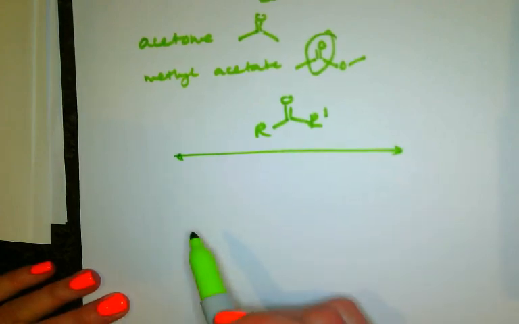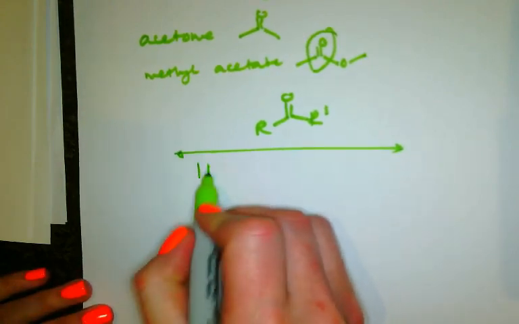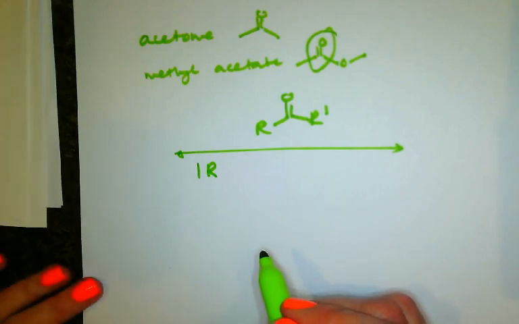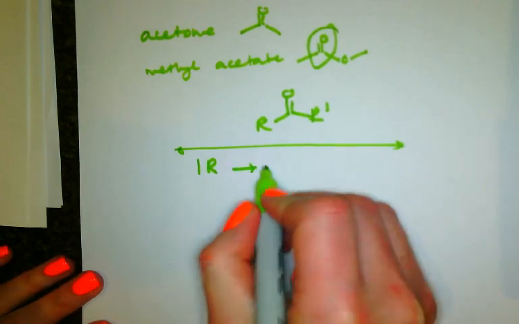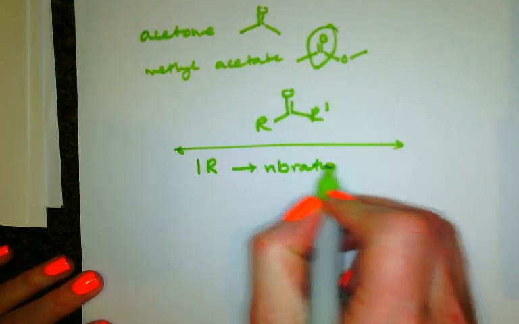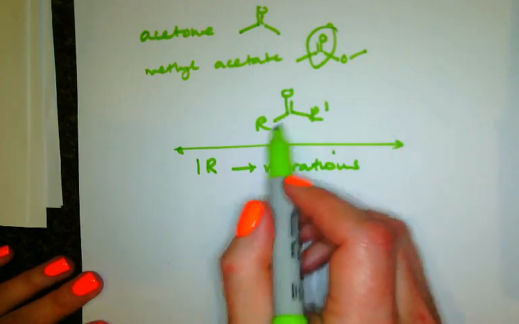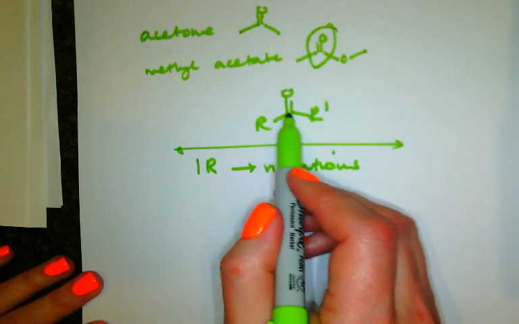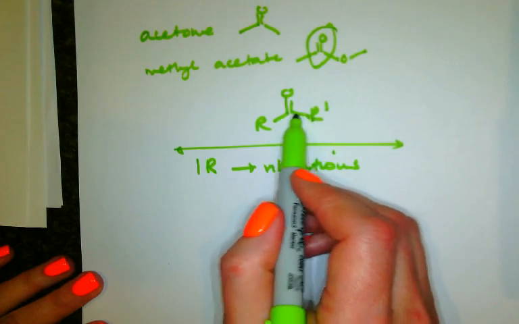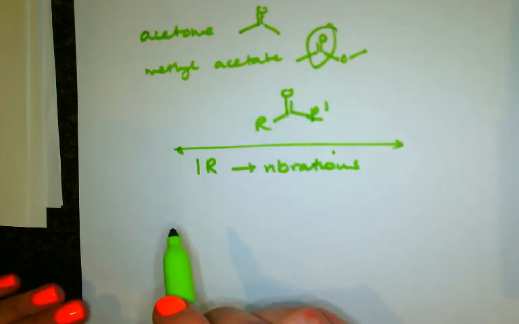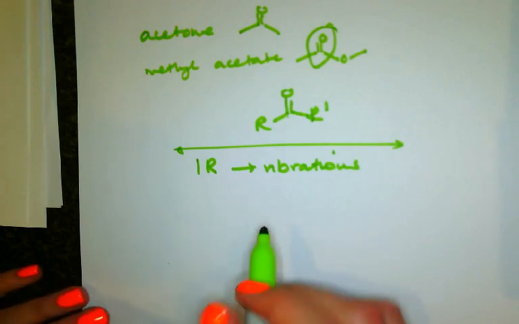A little bit of background with regards to infrared spectroscopy and infrared radiation. Infrared radiation excites vibrations in molecules. So atoms start vibrating in their bonds in the molecule when you irradiate the molecule with infrared radiation.